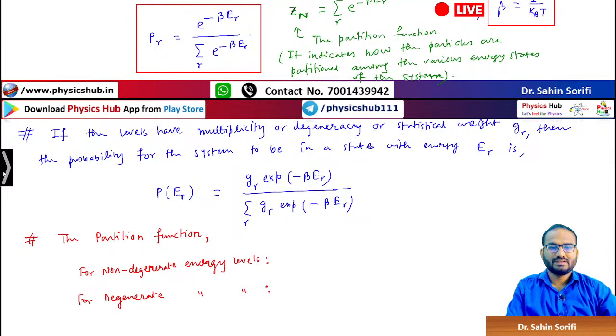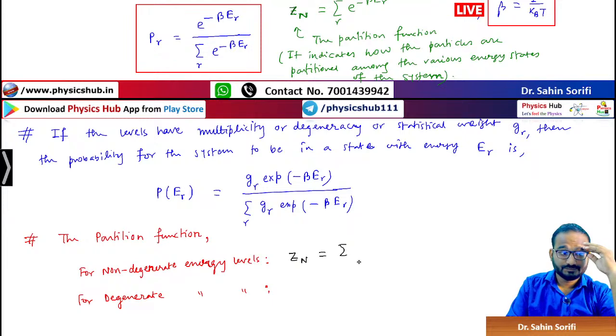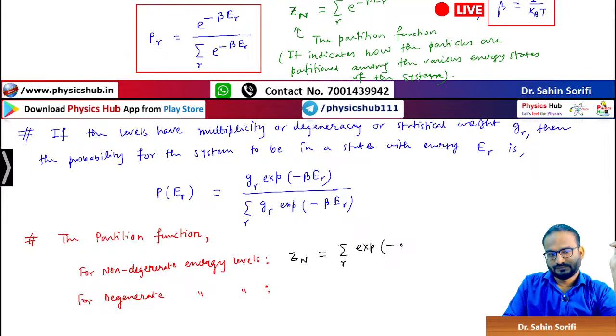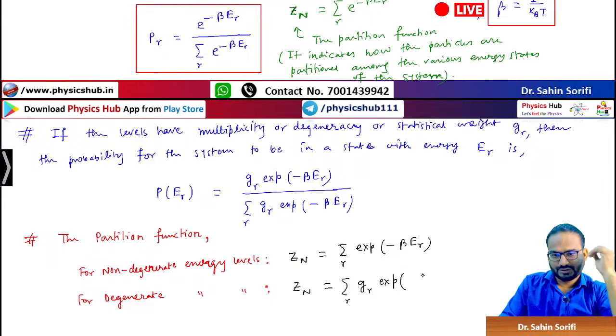For non-degenerate, as I have already told you, Zn is equal to the sum over R of exponential minus beta ER. For degenerate, it will become the sum over R of GR exponential minus beta ER.